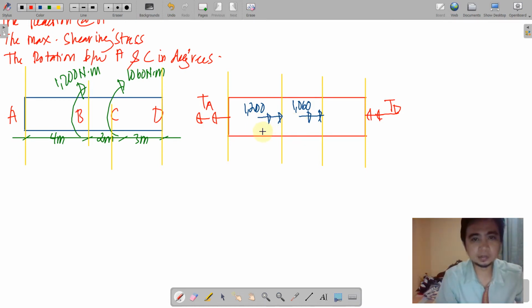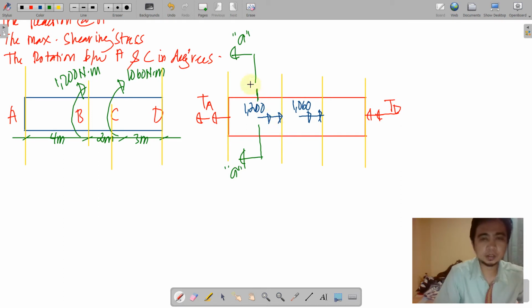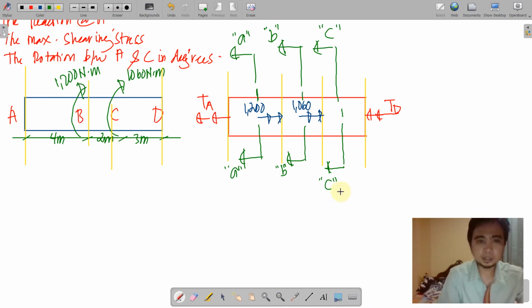And then by this, we consider section AA, left portion for segment AB, a cut section considering the left portion again for segment BC, and a cut section considering the left portion for segment CD at section CC. So notice that all of the sections will be referred to the left portion because in this case we are after the torsion at A.